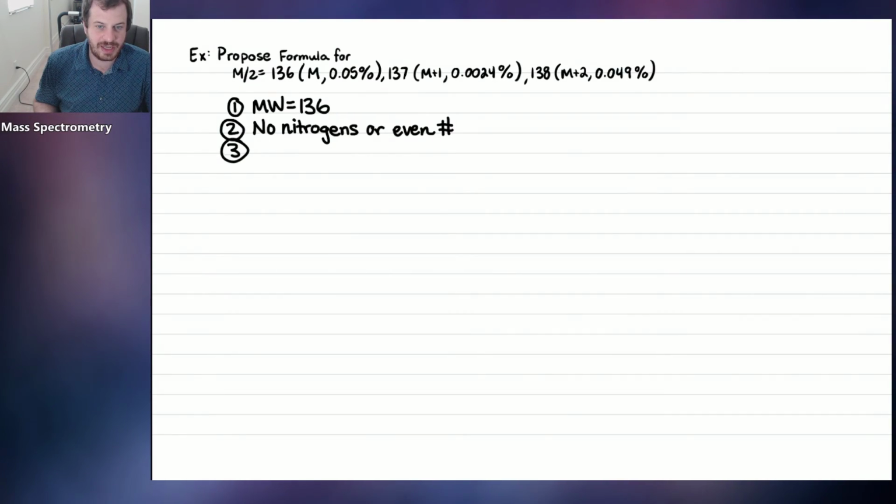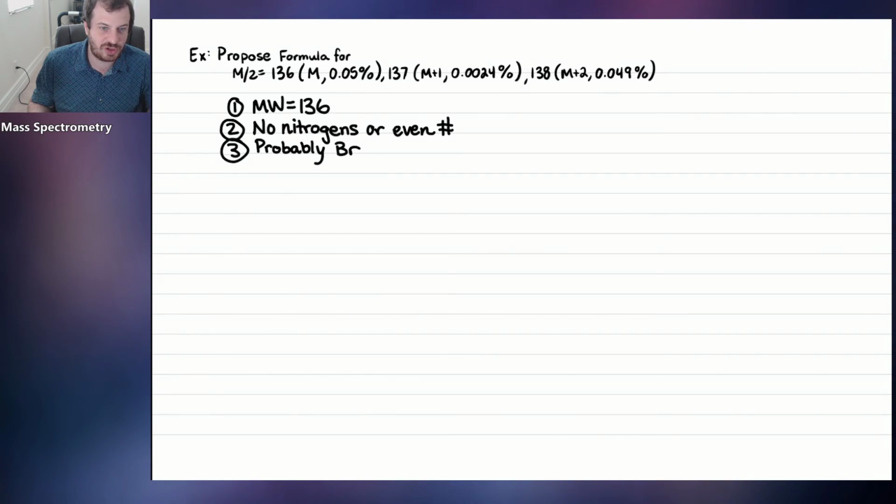Well, I'm looking at the M plus 2 peak and I see that this is 0.05 and this is 0.049. Those are basically the same. Which halogen has a 1-to-1 ratio? Bromine. So we probably have one bromine in our molecule.